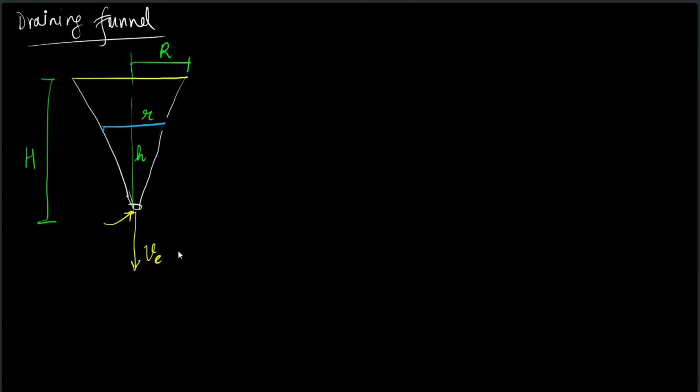Liquid flows because of the pressure of the water, and it is given that the exit velocity VE varies with the height, and it is given as square root of 2gh. So the question is, what is the rate of change of the height when the height is equal to H upon 2?